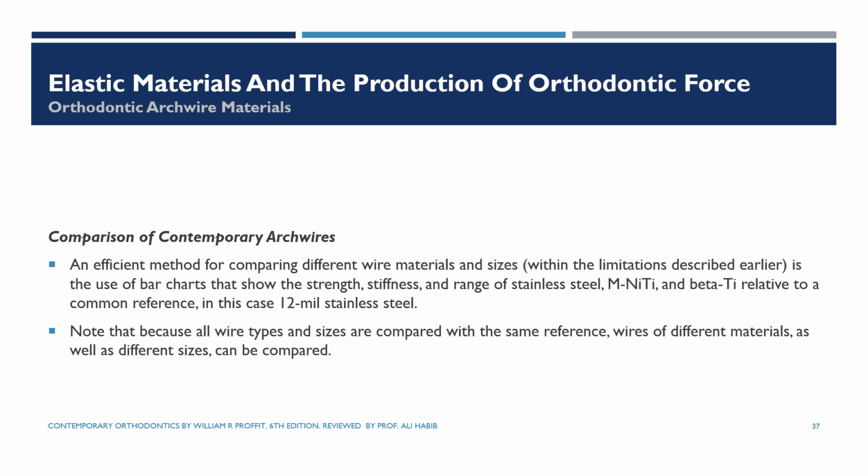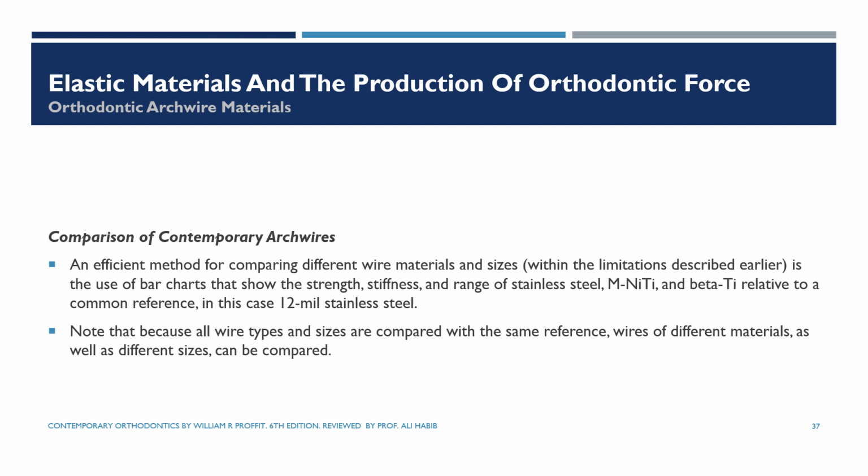The efficient way to compare the properties of the wires is to use bar charts that show the three important properties, strength, stiffness, and range, of the three important wires, stainless steel, M niti, and beta titanium, and compare them relative to a common reference, which is the 12 mil stainless steel wire.